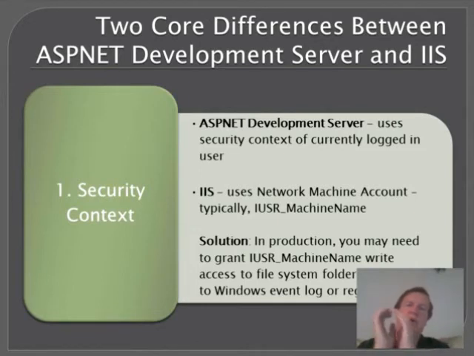On the one hand, we have the development environment, and this is ASP.NET Development Server, which is built right into Visual Studio. So when you're debugging or not debugging, executing from Visual Studio, you're using the ASP.NET Development Server. Okay. When you've deployed your application to production, you're usually using IIS, Internet Information Services.